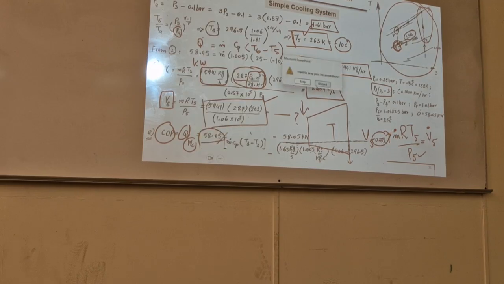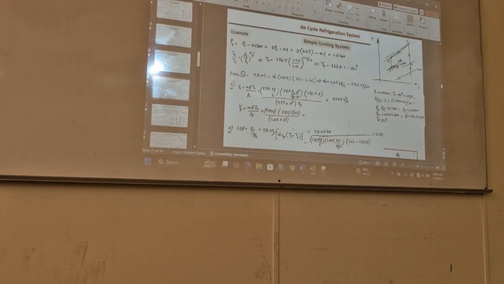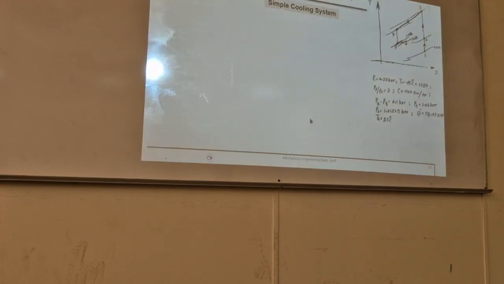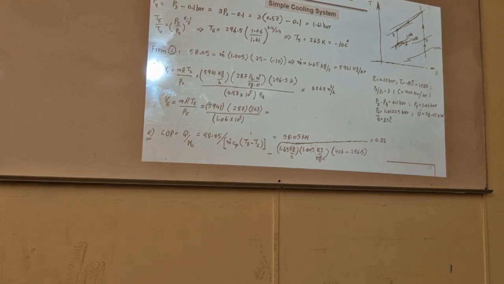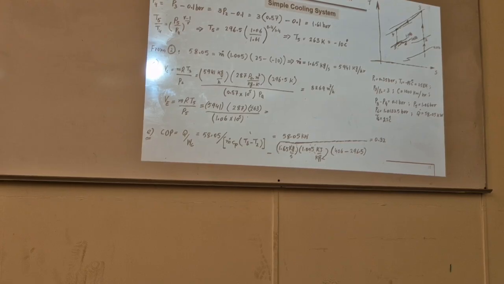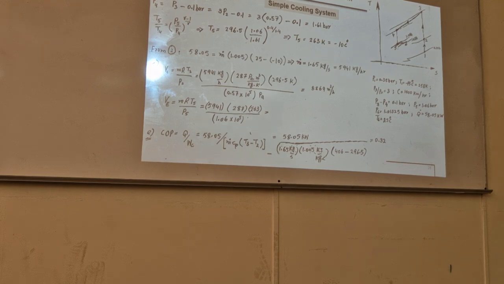Volume handled by compressor: what should we say, the maximum one or the minimum one? When I say, what is the volume handled by a compressor or a turbine, the maximum one or the lower one?